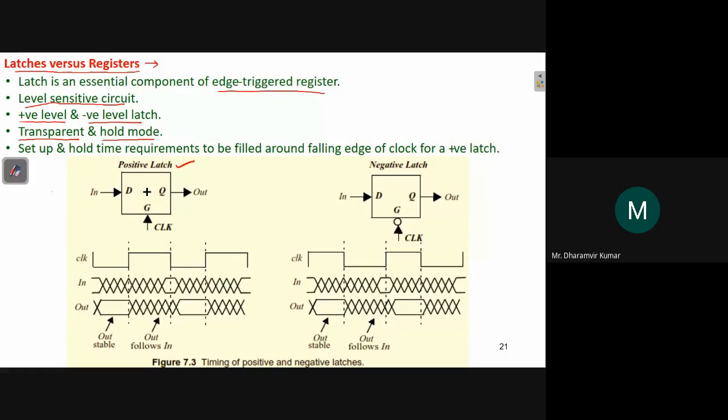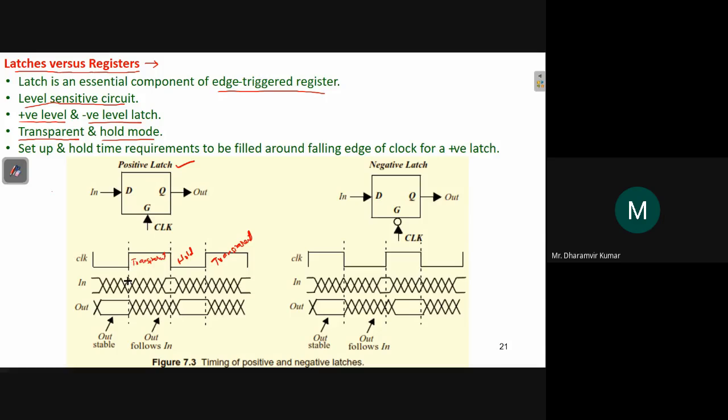So this is D latch, which is positive. Positive means when clock is 1, this is transparent mode, and when clock is 0, this is hold mode. And when clock is 1, again, this is transparent mode, and it will continue like this.